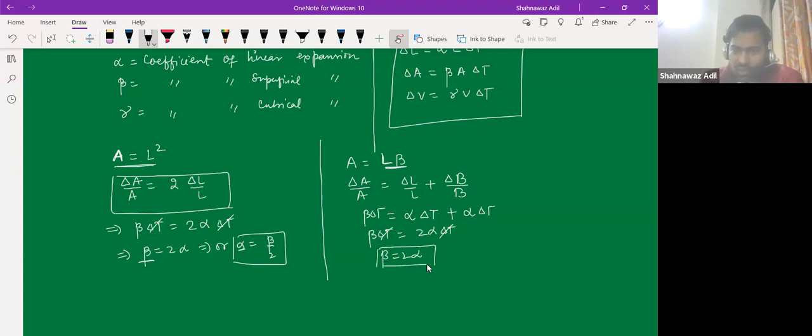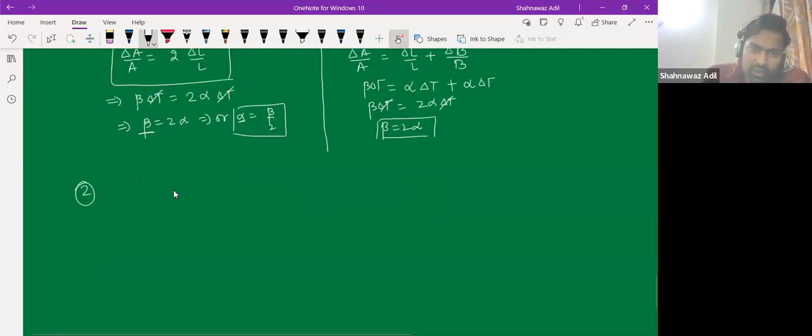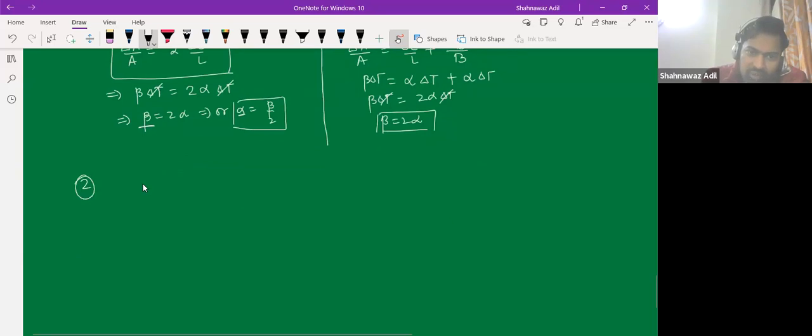This is one relation. The other relation is volumetric expansion, right? So we know that volume is length cube, right? So then what would be this thing? Delta V by V would be how much, guys?